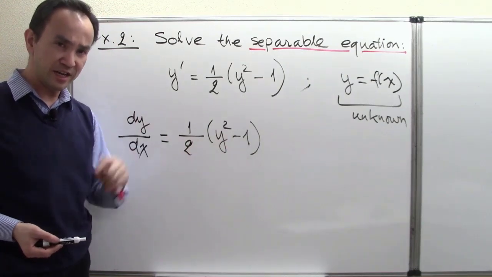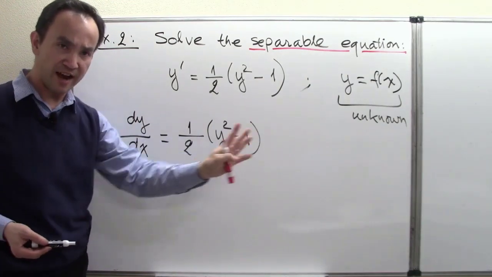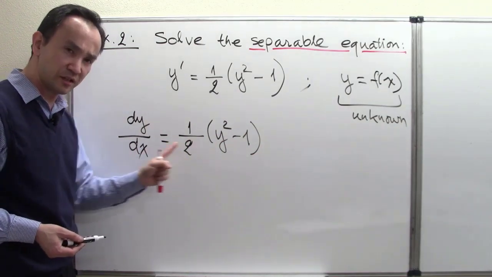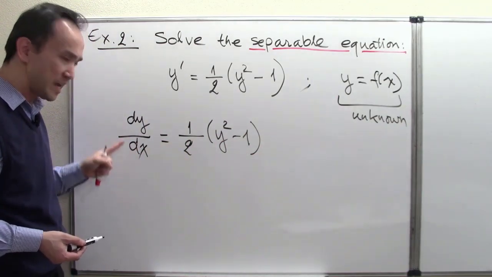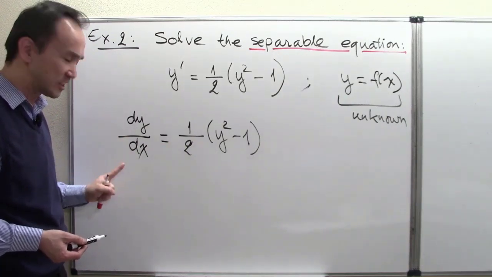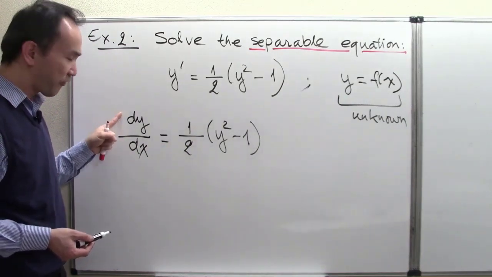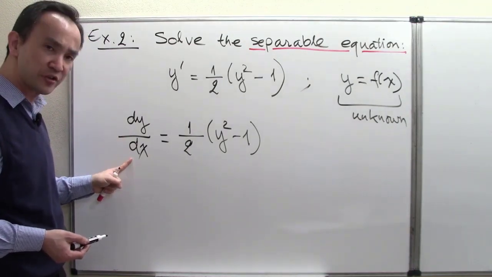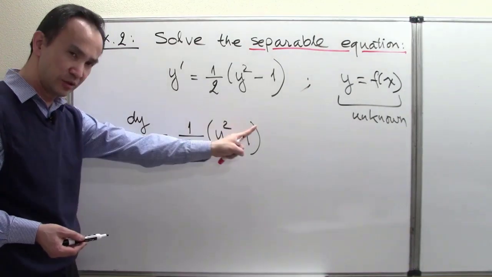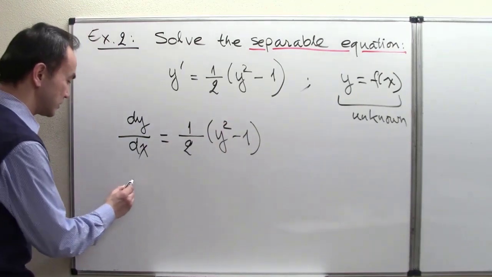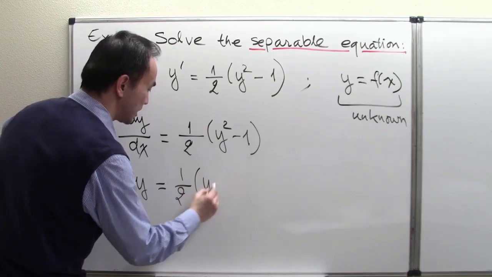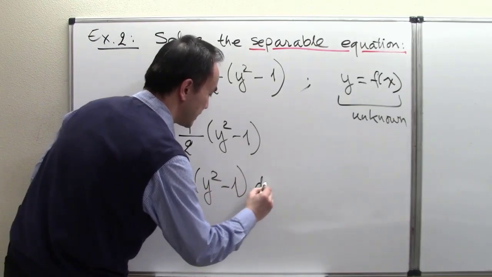Next, throughout Calc 2, we've learned how to rearrange differentials. Having dy dx as a derivative, we understand that this is a fraction of two differentials, dy and dx. So I'm going to move the differential dx to the other side, making it dy equals 1/2 times y squared minus 1 dx.